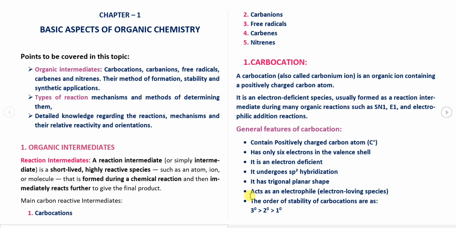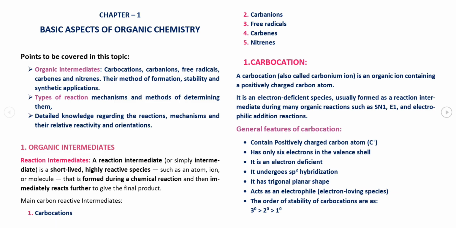It acts as an electrophile, that is an electron-loving species. Then the order of stability: the tertiary carbocation is more stable than the secondary, which is more stable than the primary.